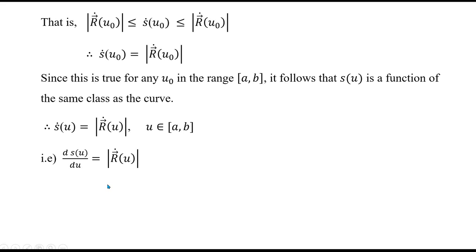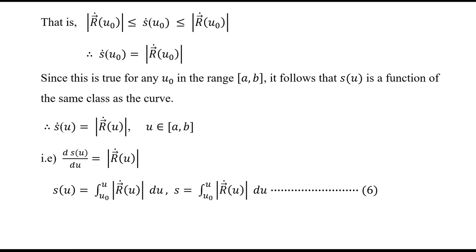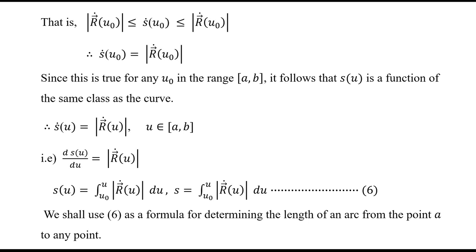We want S of u only, so now we integrate with respect to u. Therefore S of u equals the integral from u naught to u of mod r dot of u du. So S equals the integral from u naught to u of mod r dot of u du, which is the arc length formula for any two points.